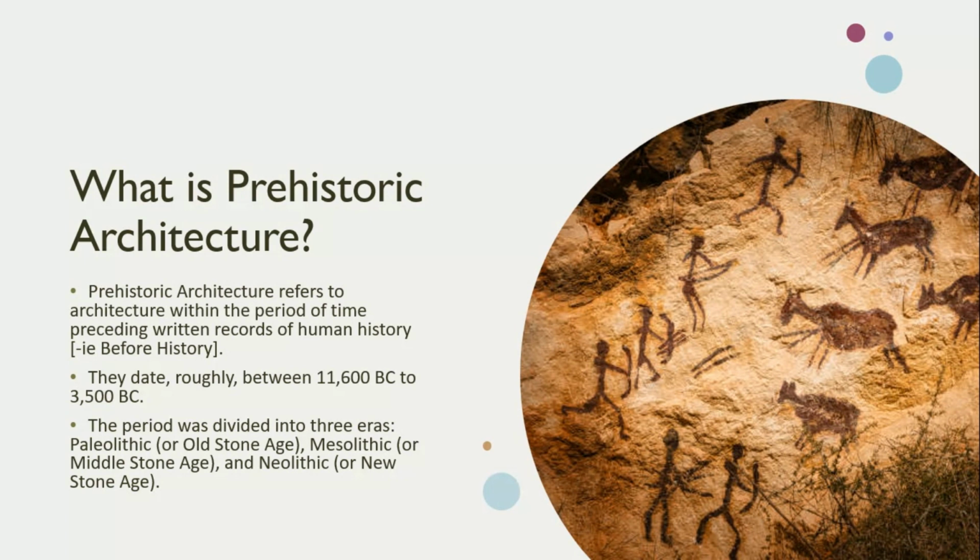That is to say, before history or prehistory. Roughly speaking, it dates between 11,600 BC to 3,500 BC. This period is divided threefold: the Paleolithic era, the Mesolithic era, and the Neolithic era. Or to otherwise articulate it, the Old Stone Age, the Middle Stone Age, and the New Stone Age.